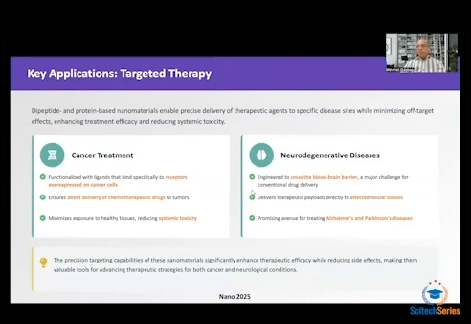As for applications, these protein-based nanomaterials have shown promising results in several biomedical applications. Dipeptide and protein-based nanomaterials enable precise delivery of therapeutic agents to specific disease sites while minimizing off-target effects, enhancing treatment efficiency and reducing systemic toxicity.